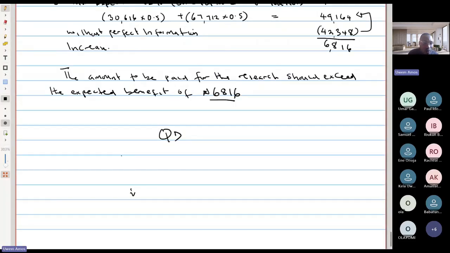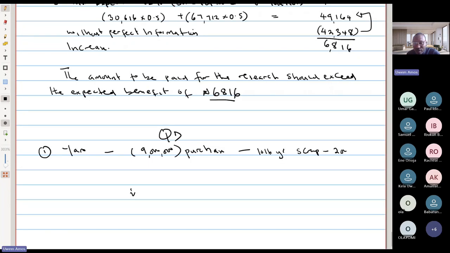Okay, so let's begin with Yaro. Yaro is saying that you would pay 9 million now to purchase the machine. And then in the 10th year, you have a scrap, in other words, a resale value of 200,000.